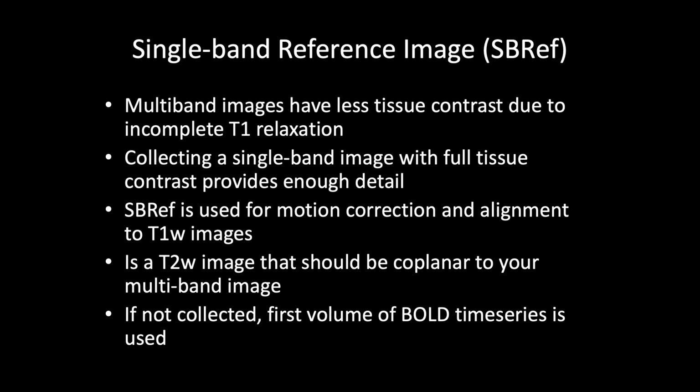FSL historically chooses the middle volume with the argument that by choosing the middle, there's probably less overall motion to correct for. Unless that person makes a big old head bob right in the beginning, then that's going to mess things up. But the first volume, because you haven't reached the full, what's the word I'm looking for? Full magnetization, that tends to have a little bit of a better contrast for doing these alignments too.